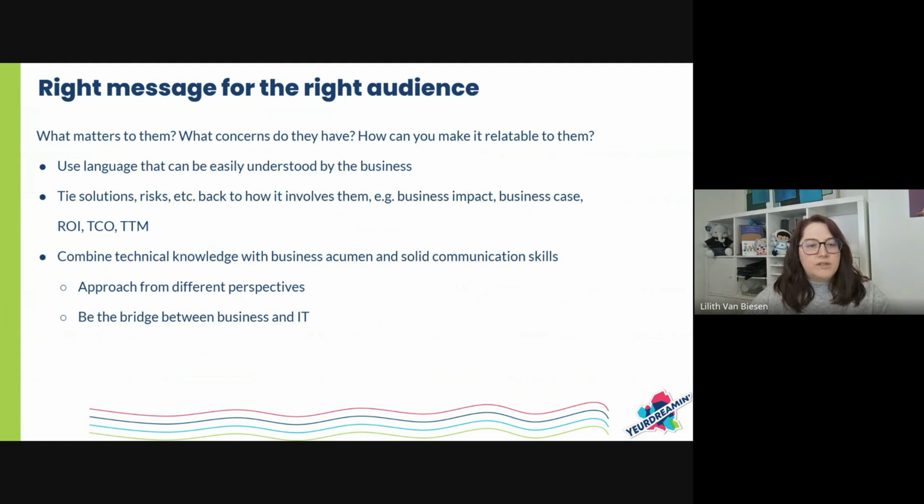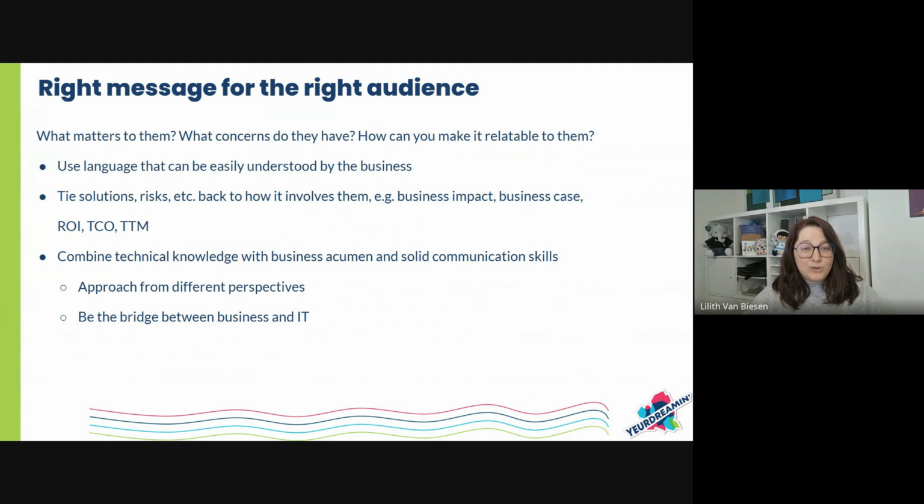If you're proposing to use, for example, an AppExchange package, how will this impact your total cost of ownership? And because of the proposal that you make, what will be the time to market of the solution that you have in mind? These are really important for business to understand the value that you're proposing and that your solution will bring.